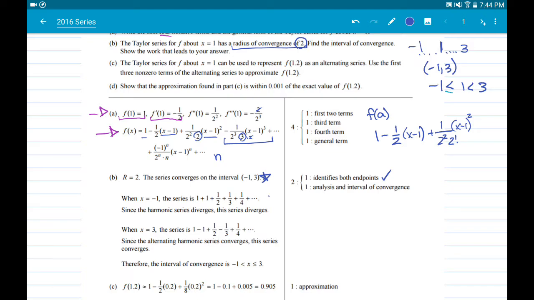And so if you look at this analysis here, if you take your series, which we found up here, 1 minus 1/2 (x minus 1) plus 1/6 (x minus 1) squared. Is that 6? No, that should be like an 8.